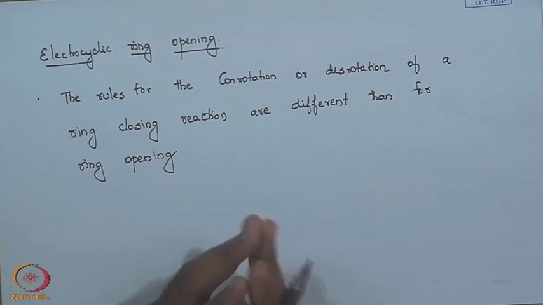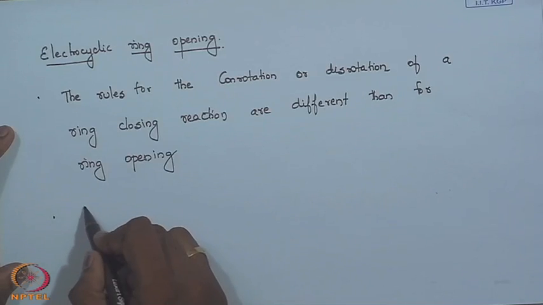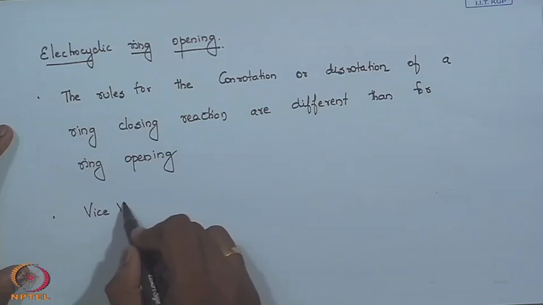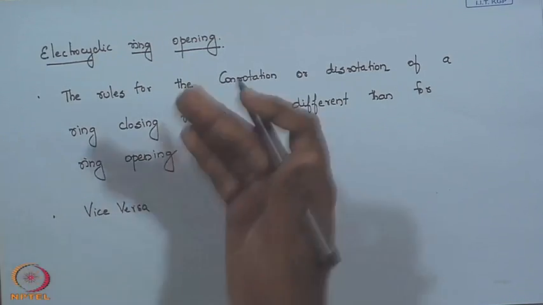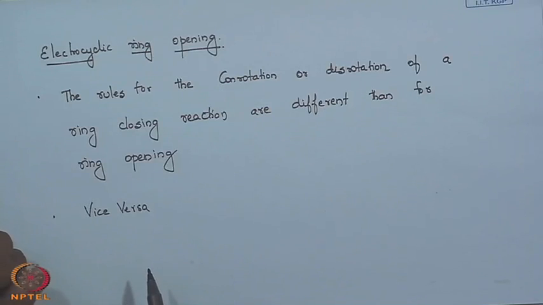So, the Woodward Hoffmann rule which you used for conrotation or disrotation for ring closure is just different for ring opening. How are they different? It is just vice versa, just the opposite. Okay.